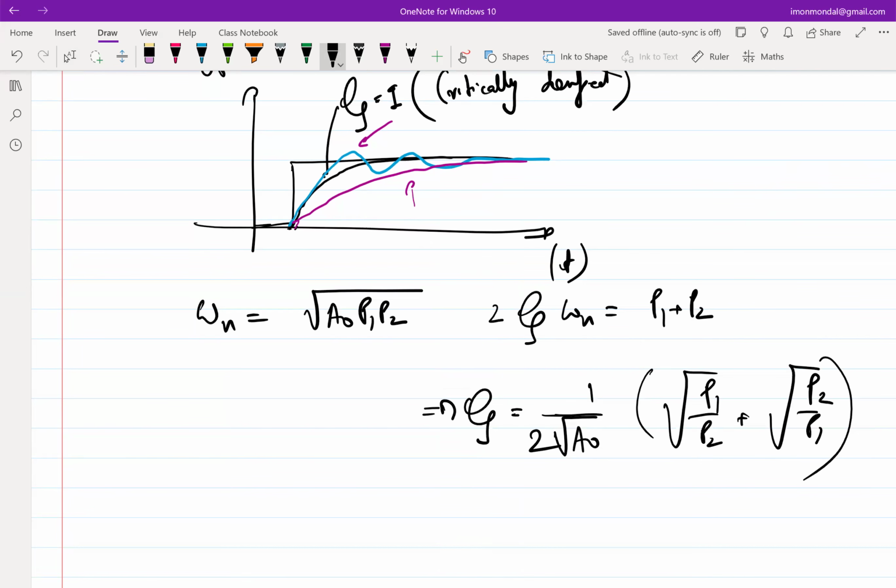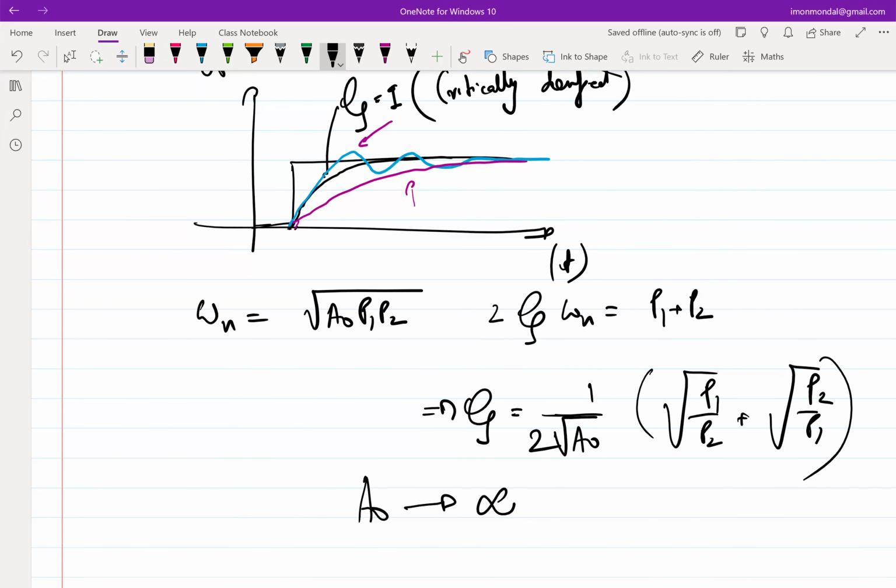So now, is it possible to get zeta equal to 1 if A naught is very high? Because ultimately we want A naught to be very high. We want steady state error to be close to 0, right? So assume A naught tends to infinity.